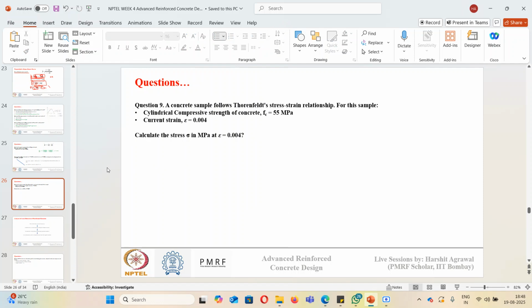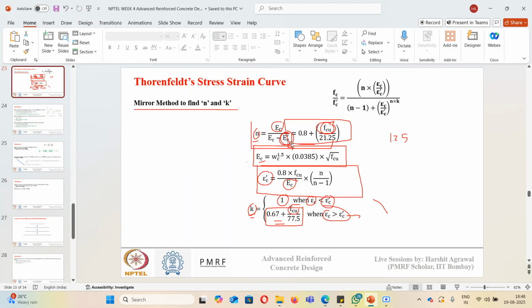Now just give it a thought how it can be calculated. I'll just copy the equations.